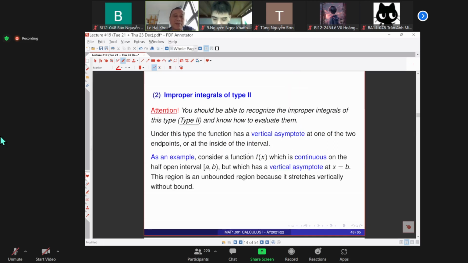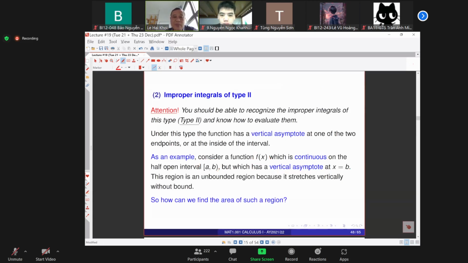For example, if you are given the integral of the function f(x) over some interval and asked to think about this integral, and we recognize that f is continuous on the half-open interval [a,b), and at the right end you have the vertical asymptote, then what region do we want to look at?